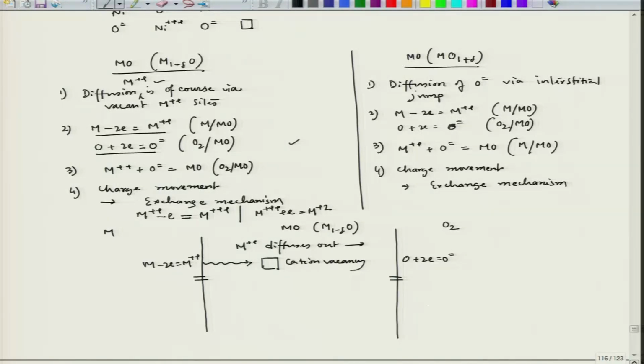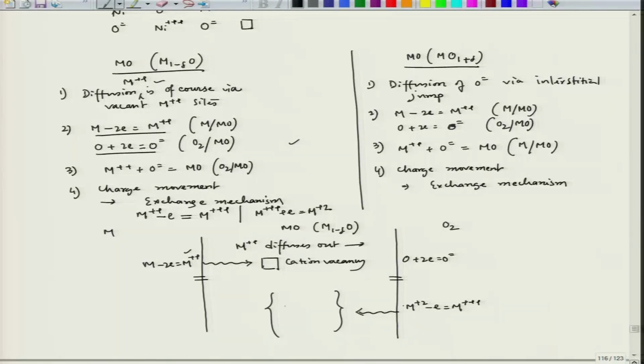Since this is a metal deficient oxide, the deficiency happens where there is a combination of metal ion and oxygen ion. So that happens here, and here we are generating an electron hole, or M plus 2 minus e gives M plus 3, that is forming. This plus 3 is exchanged in this fashion.